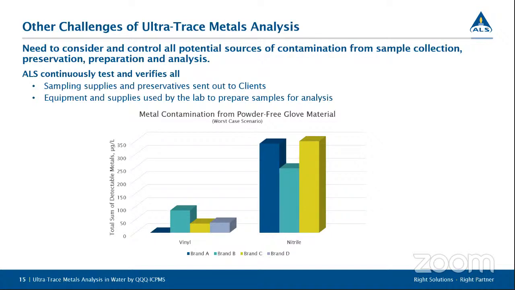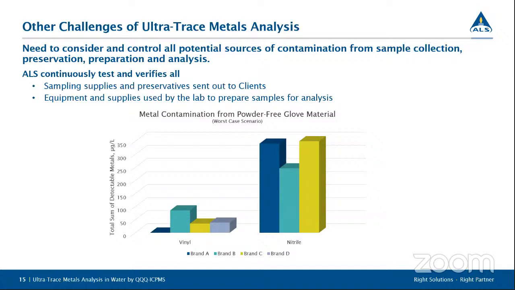So it's fairly low risk, but it is something you just need to be aware of. The chart is also showing the sum of all the analytes, but typically the major contributors are calcium, sodium, potassium, and zinc.